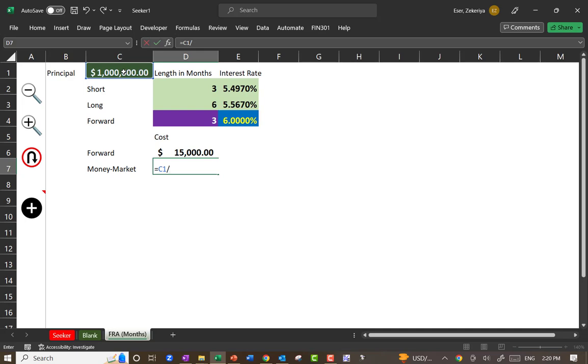1 million divided by 1 plus short-term rate divided by 12 over short. Okay.